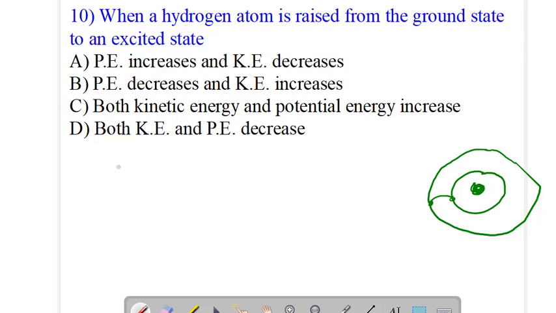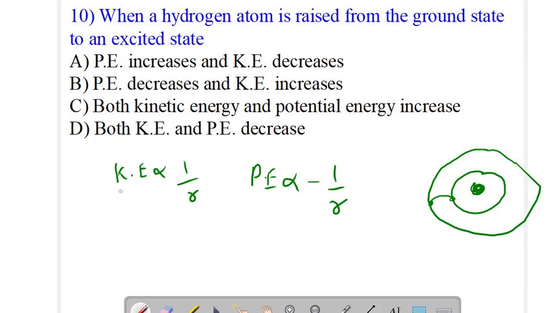We know kinetic energy is proportional to 1 upon r, and potential energy is proportional to minus 1 upon r. As the electron goes to an excited state, the radius increases.